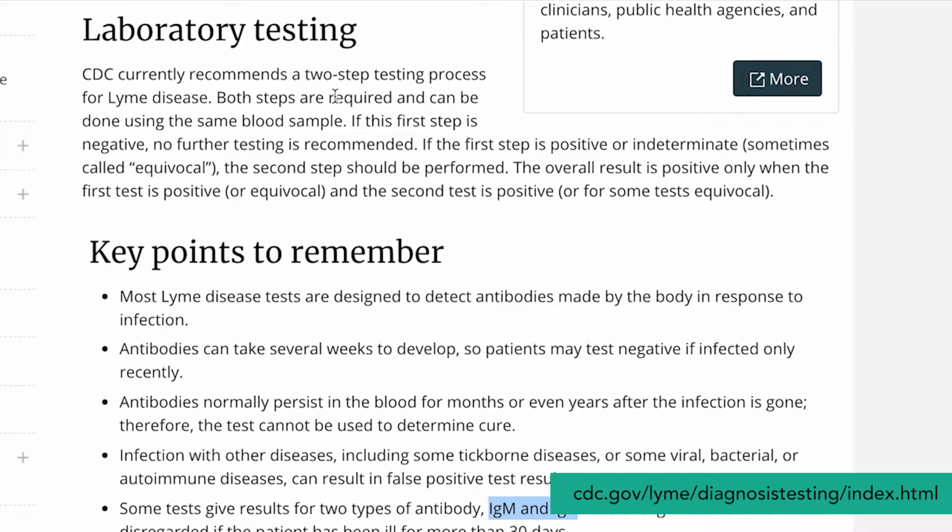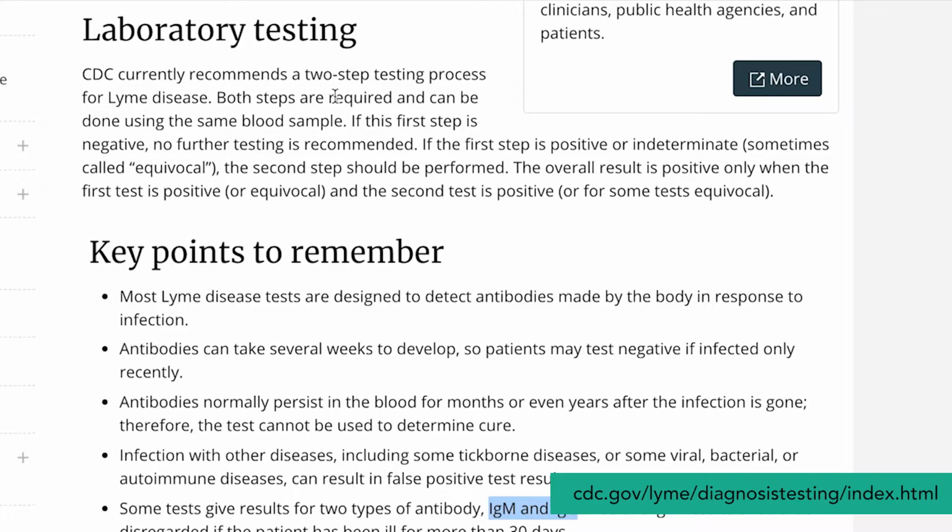Now, why is this a problem? Well, if you can't get a diagnosis for Lyme disease, then you can't get the proper treatment. You won't be able to get any antibiotics or anything that can help you get rid of that infection. And also, even if you do get the diagnosis, the CDC does not consider chronic Lyme disease to be a real disease, and it causes serious issues for those of us that have long-lasting symptoms beyond the original infection.